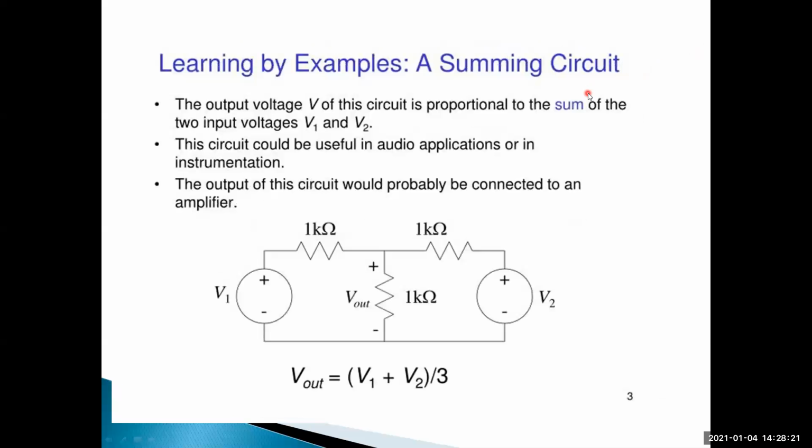Then, one example. These are the two voltage sources in the circuit. The output voltage V of the circuit is proportional to the sum of the two input voltages V1 and V2 across this.